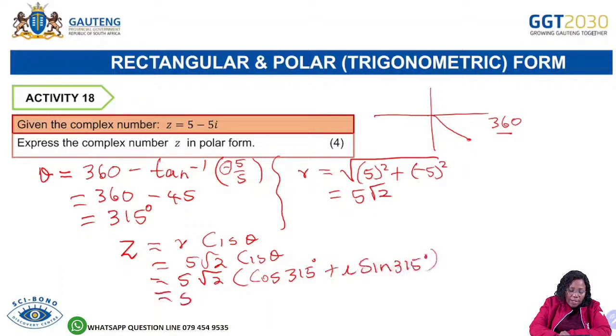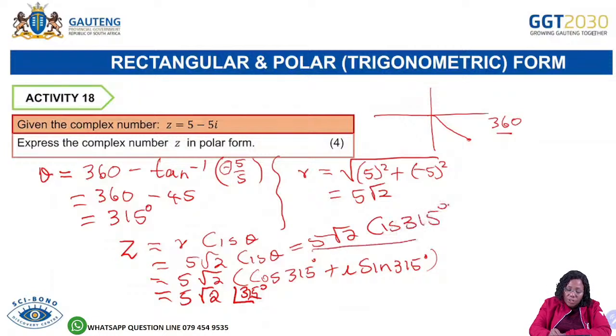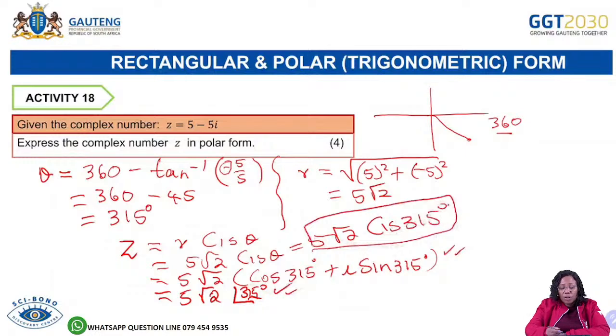Okay, or you can write it 5 square root 2 with that cap, 315 inside the cap. And then this one here, it must be 5 square root 2 cis 315 degrees. So it's notation 1, notation 2, notation 3. It's up to you, grade 12, which one is easier for you.